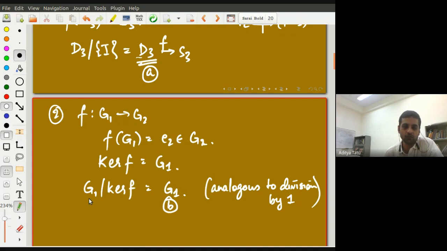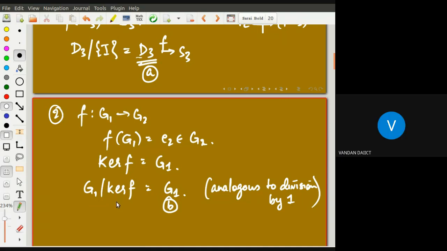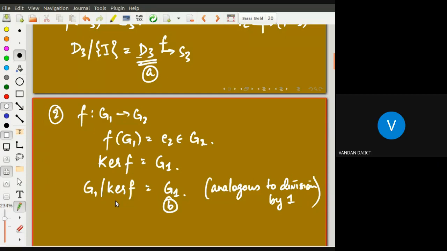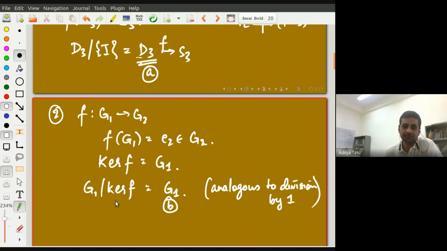All elements of the group belong to one coset, isn't it? Yes, sir. So therefore, all elements of the group are one and the same. Only one equivalence class. Exactly. That is why I'm saying it is analogous to division by 1.